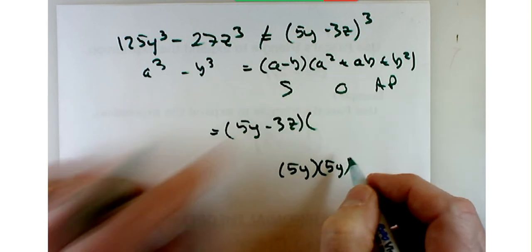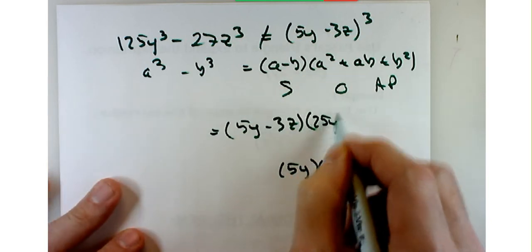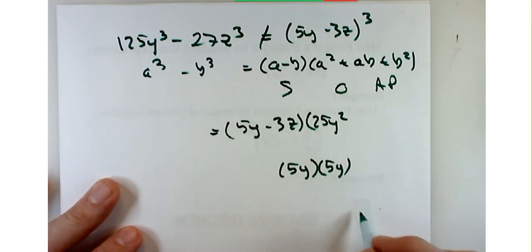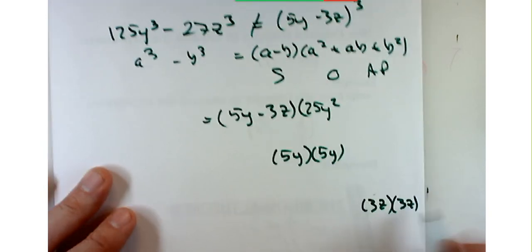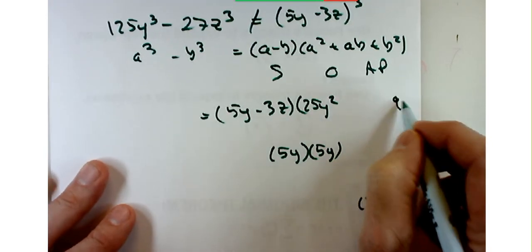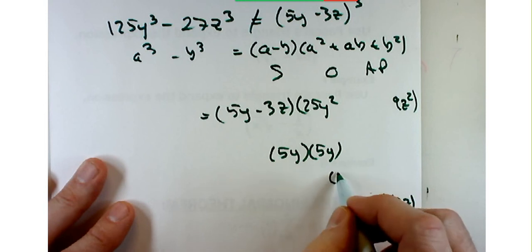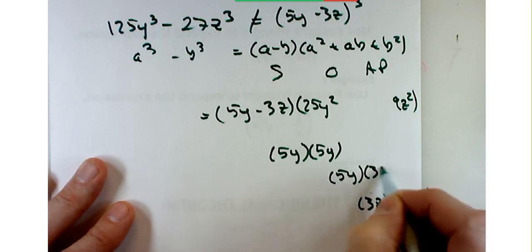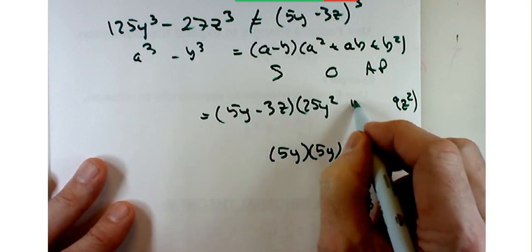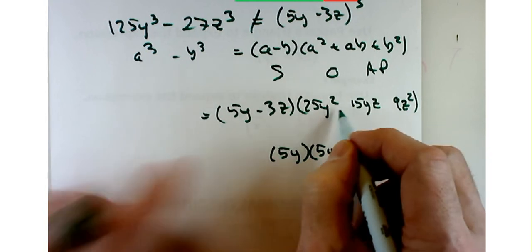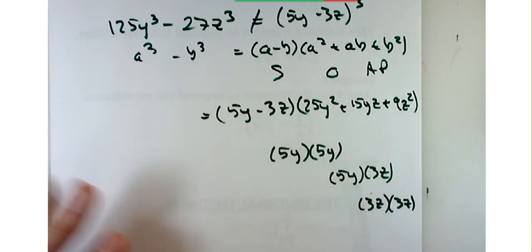Because I got to square this, so that's 25y squared. And then 3z times itself gives me 9z squared. And then the middle term is going to be 5y times 3z, which is going to be 15yz, plus and plus.